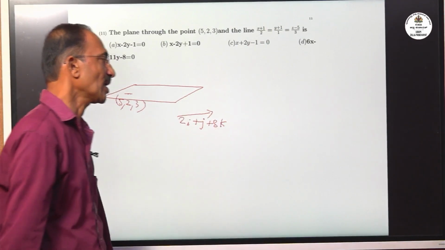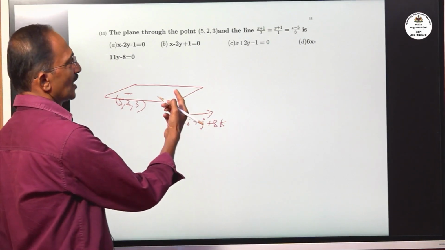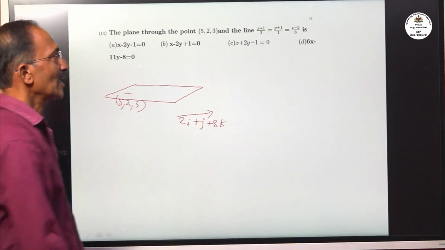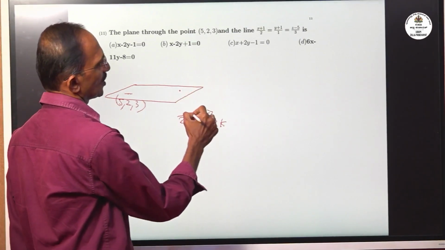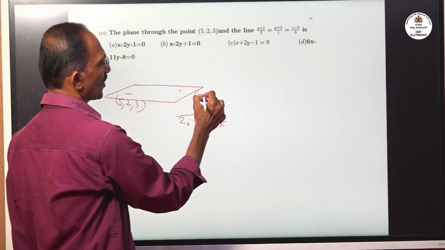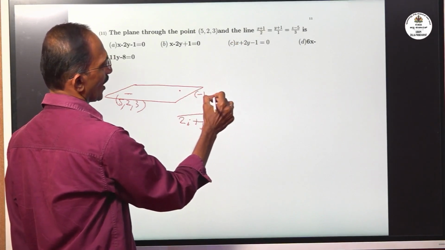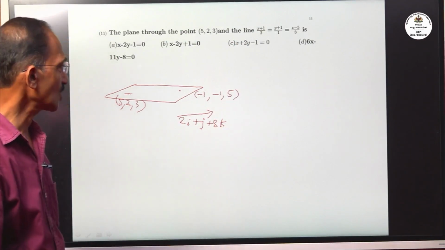And we have another point, since the line is lying on the plane. That point you get from the equation of the line: minus 1, minus 1 and 5, and this point is also on the plane.